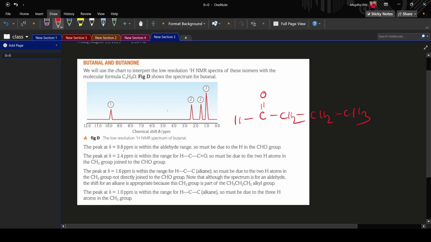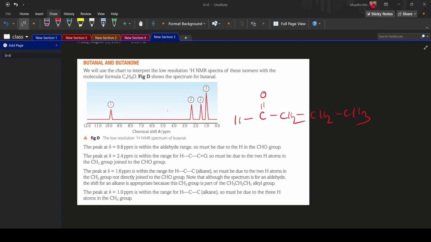See, the peak at 9.8 ppm is within the aldehyde range, so it must be due to the H in the CHO group. Let me bring the table so it's much simpler to understand.